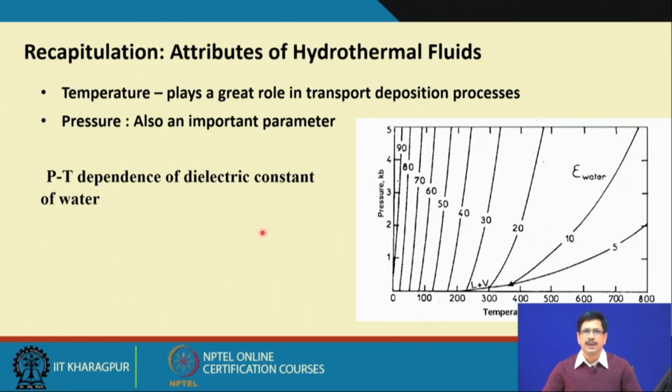Here, as we all know, water is a universal solvent, and most of its characteristics fundamentally are due to the hydrogen bonding present in the water. The dissolving or solubility characteristics of electrolytes in water is basically dictated by a parameter which is the dielectric constant of water.